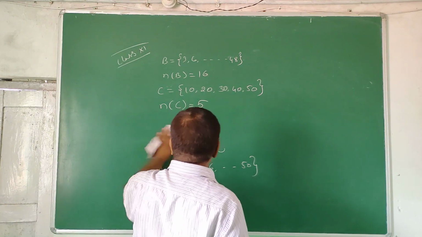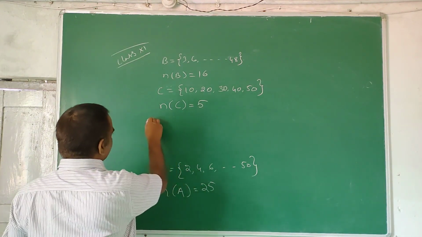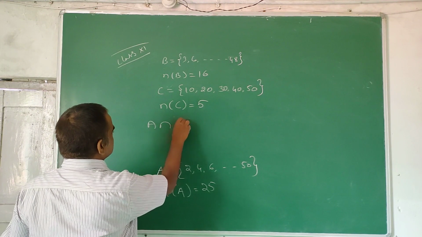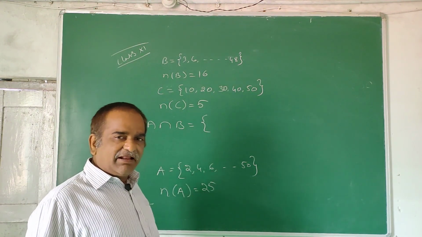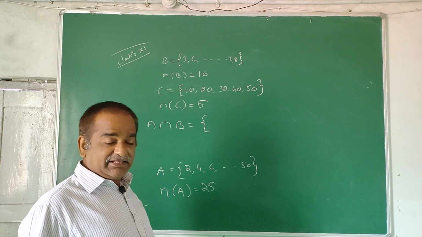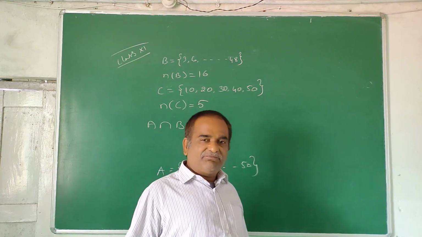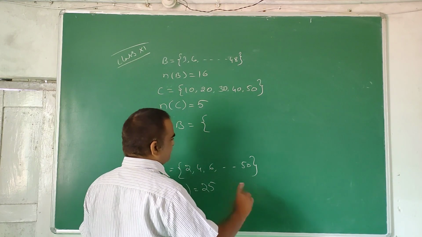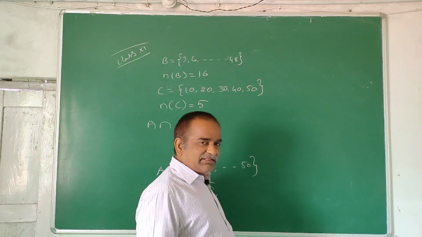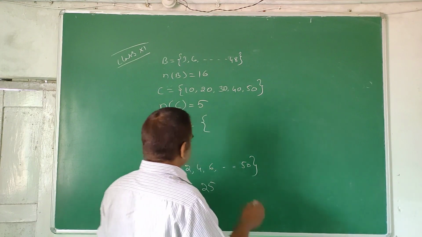Now go for A intersection B. A multiple of 2 and as well a multiple of 3. So it is a multiple of 2 as well as 3.